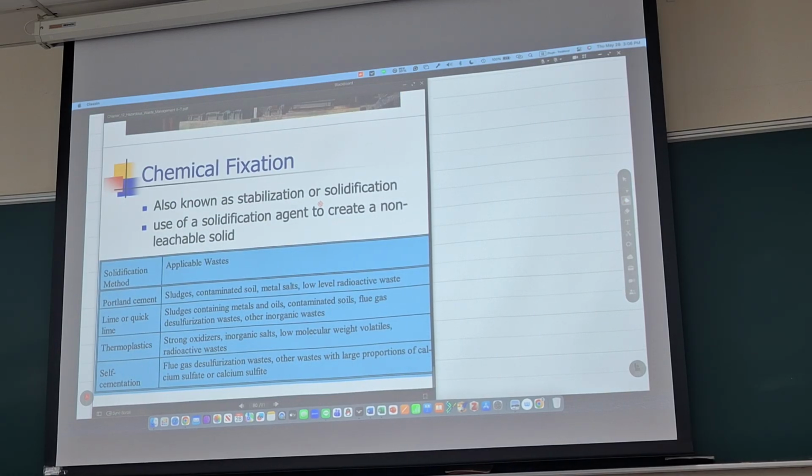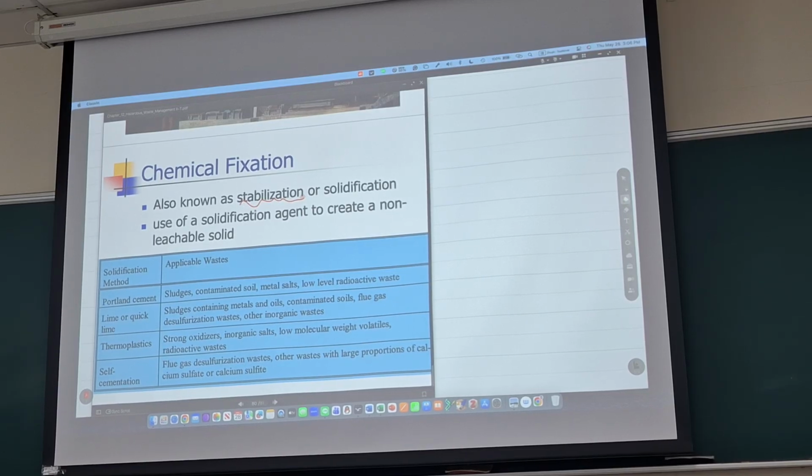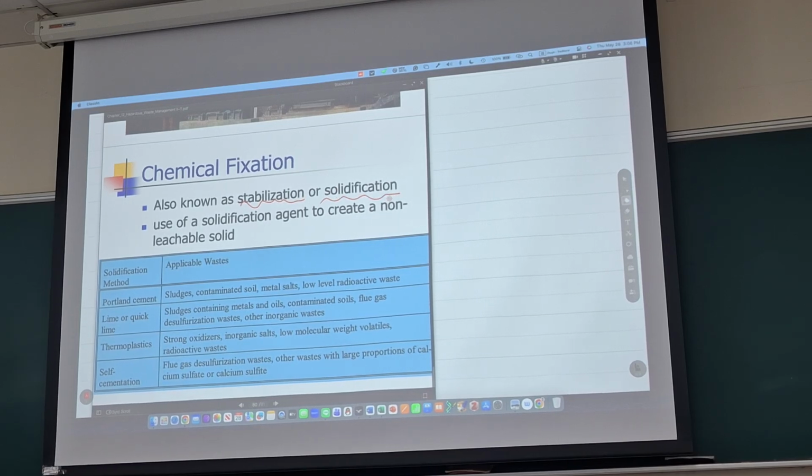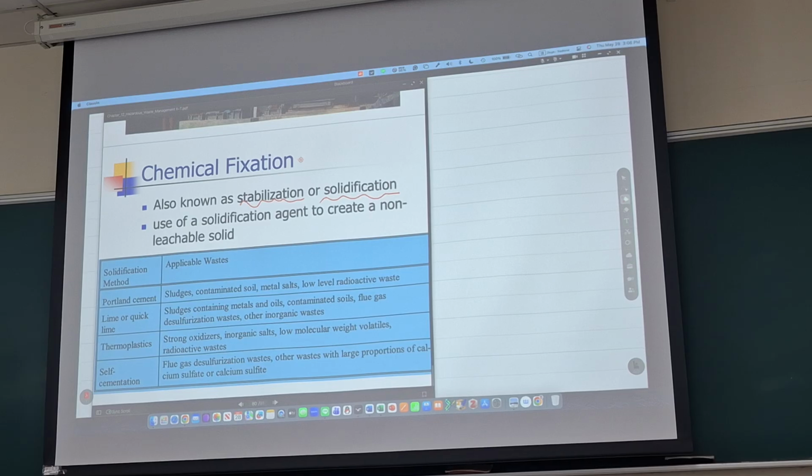Finally, chemical fixation. This is not finished. I'm going to finish the second part of the notes. The chemical fixation also has two names. One is called stabilization, the other is called solidification. What does this mean?